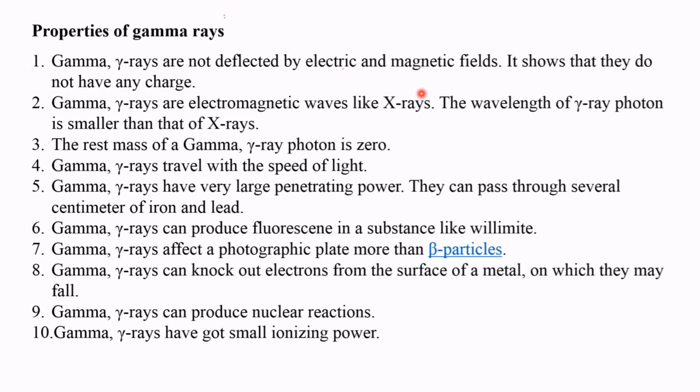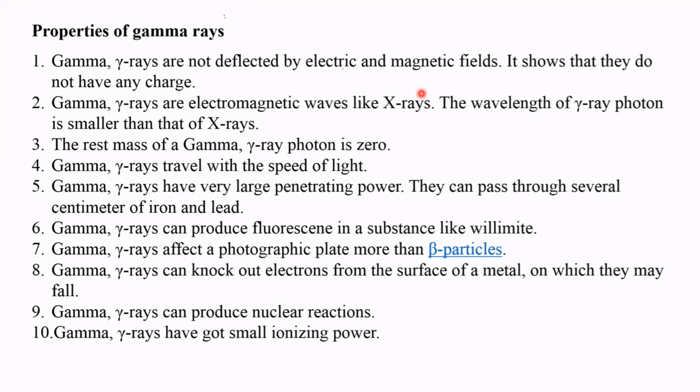At the same time, one more property similar to X-rays is that gamma rays also affect photographic film, so they are useful in film making or photography. So these are the properties of gamma rays. You can observe that gamma rays and X-rays have similar properties, which is why we use both rays for radiography.